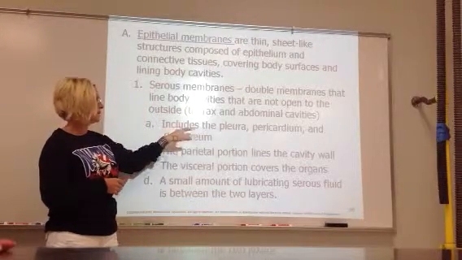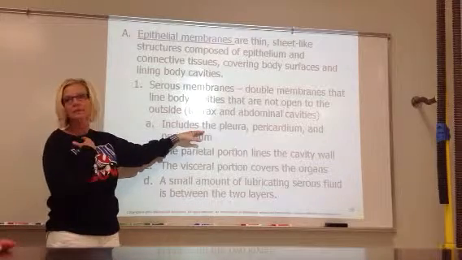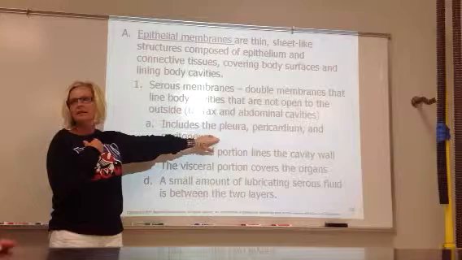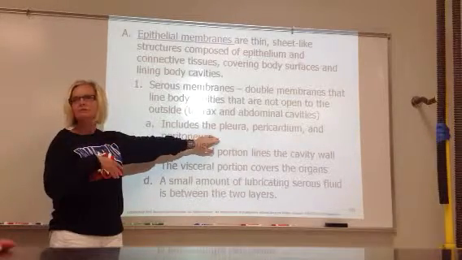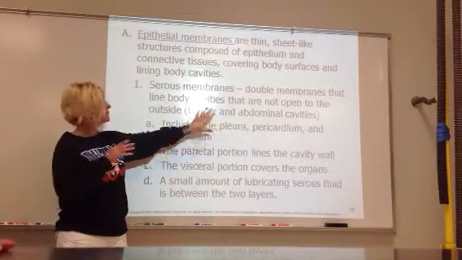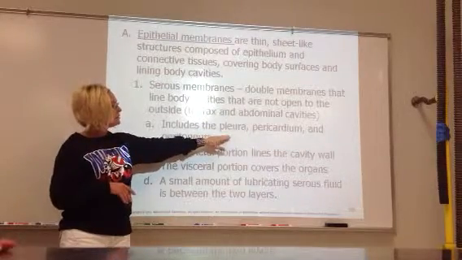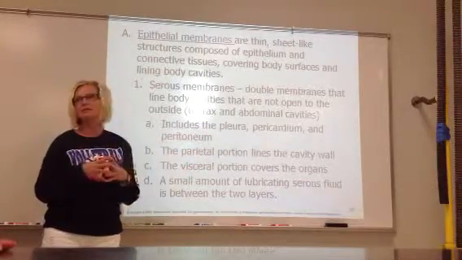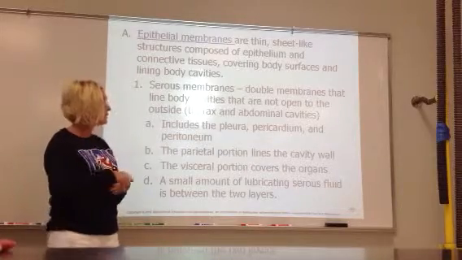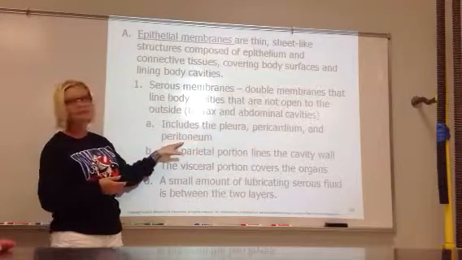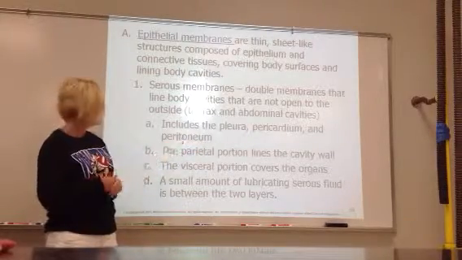This includes the pleura, which is around your lungs, and this would be the lining that they took the fluid out of for Tana. This is exactly where that fluid was built up. Pericardium is around the heart, and that's also where, if someone has fluid around the heart, it's usually in those linings. And then peritoneum deals with the abdominal cavities.